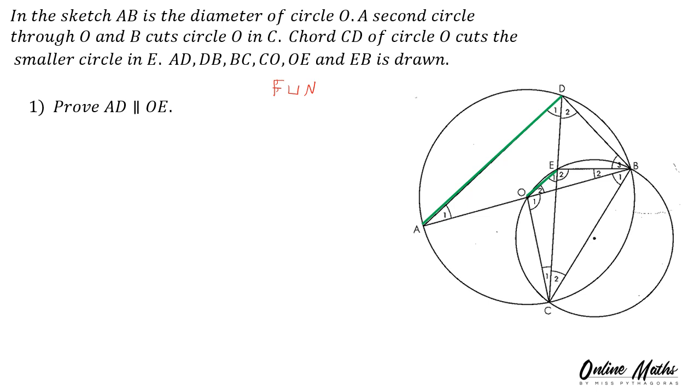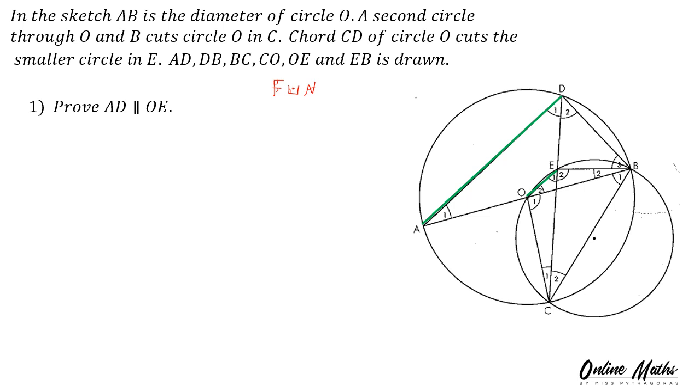And then the rest of the fun was these two are interior angles supplementary, or we had something we called alternate angles. So if we can prove any of the three there, then we know that they are indeed parallel, line AD and OE.